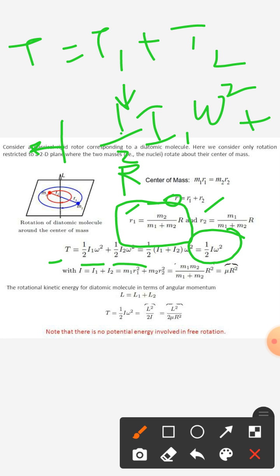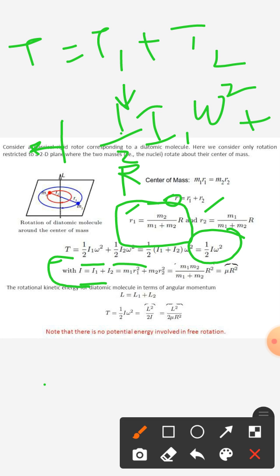Now taking the common factor omega square, we have the total kinetic energy T equal to half I omega square, where I equals the resultant moment of inertia of the system. As we know, the total moment of inertia of the system equals I1 plus I2 equals m1 r1 square plus m2 r2 square.